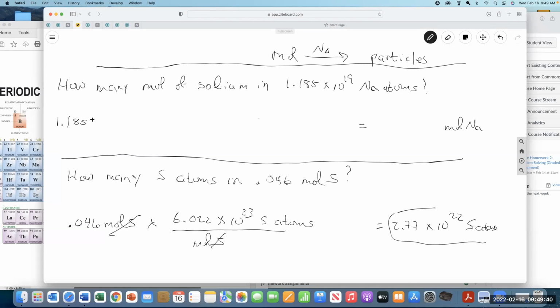1.185 times 10 to the 19th sodium atoms. And then I want atoms in the bottom. I know that 1 mole of sodium is 6.022 times 10 to the 23rd sodium atoms.